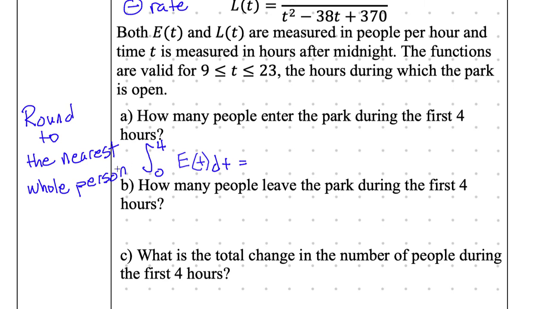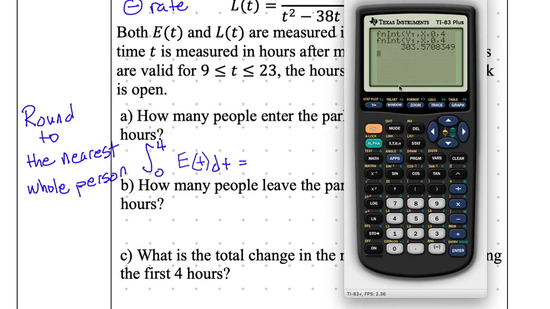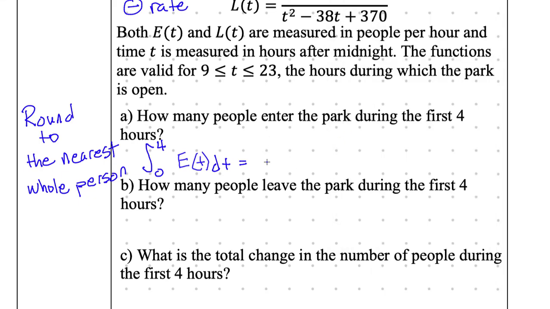Rates are okay because that actually makes sense, but now we're talking about the number of people. So I'll say the integral is 303.571, but that's going to turn into 304, and I'll do the units, people. And I can box that one.